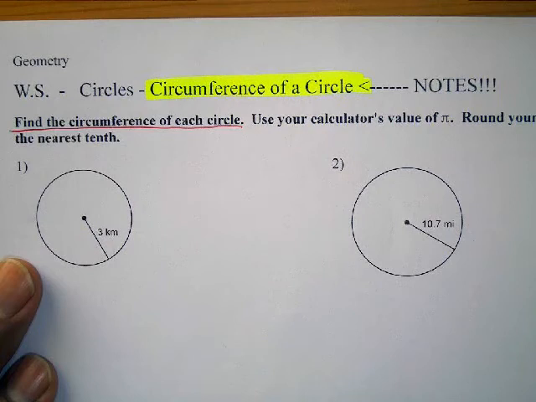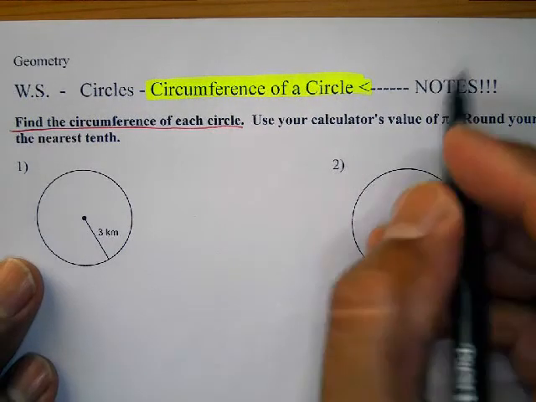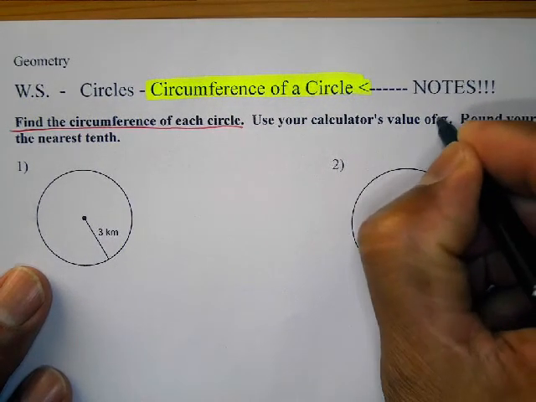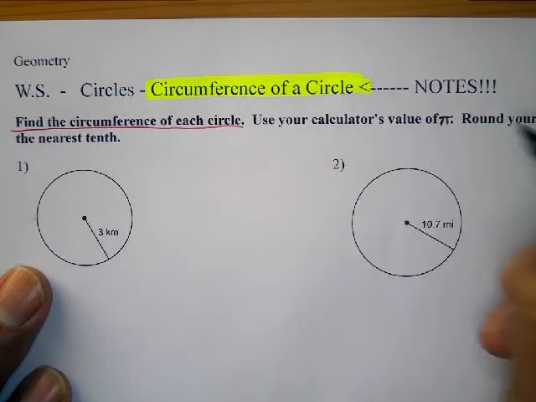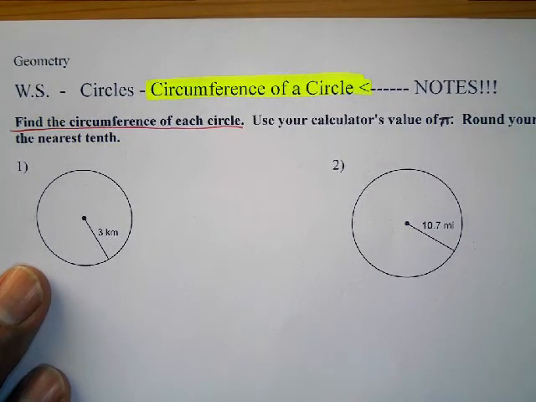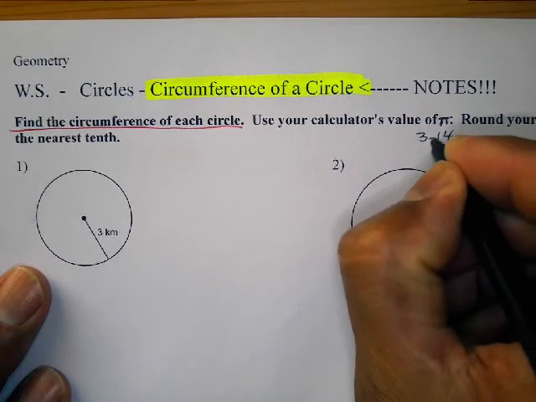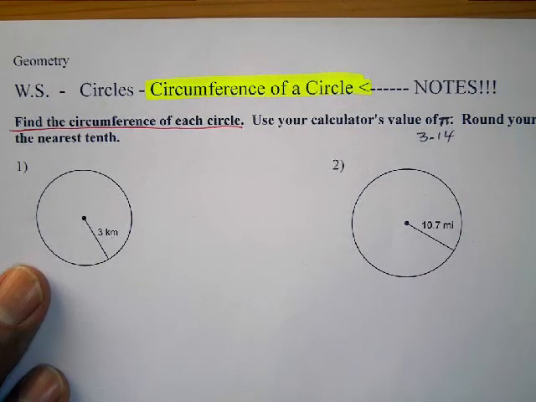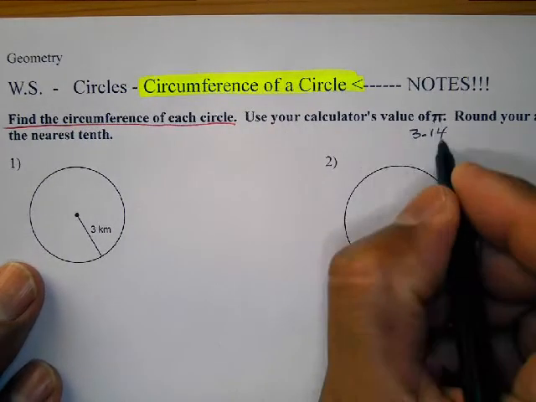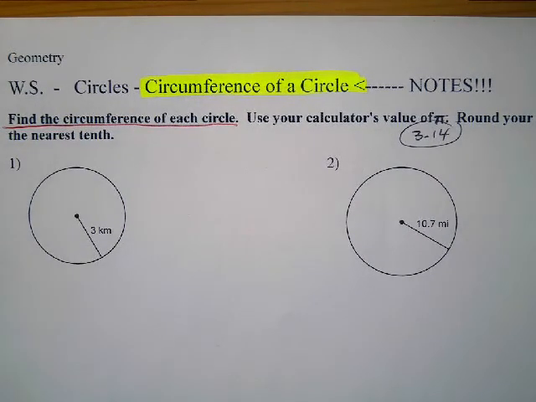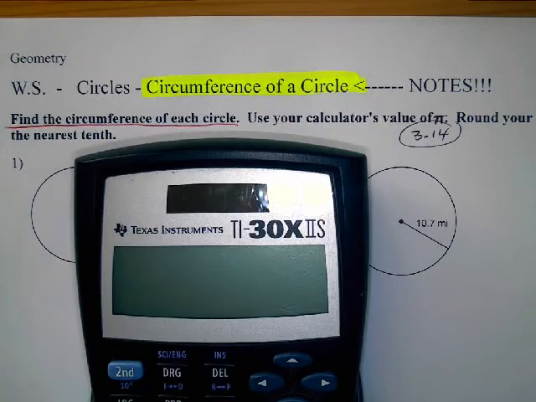You're going to be using the calculator's value of pi, so you're going to need a calculator for this pi value. A lot of people know that pi is 3.14, but it's actually more. There are other numbers, so that's why it says to use what the calculator says pi is. If I show you what it shows in the calculator, let me turn it on first.